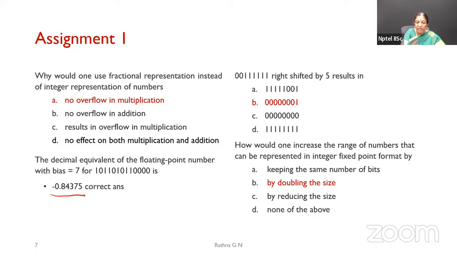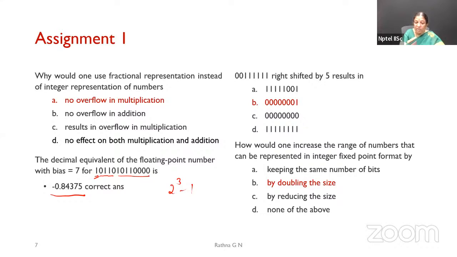The sign bit is 1, so it is a negative number. The bias is taken as 2 power 3 minus 1. It will be 4 bits that you consider for the exponent, and the rest of them are for the fractional representation.